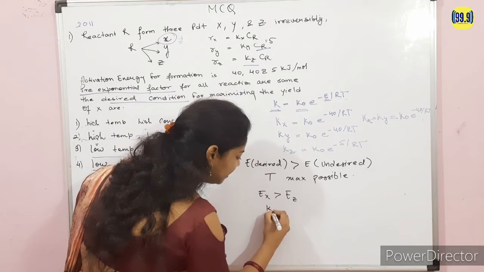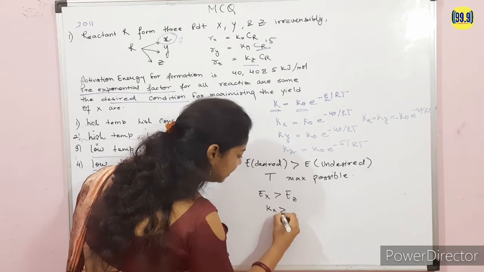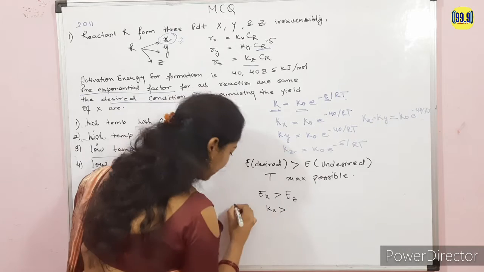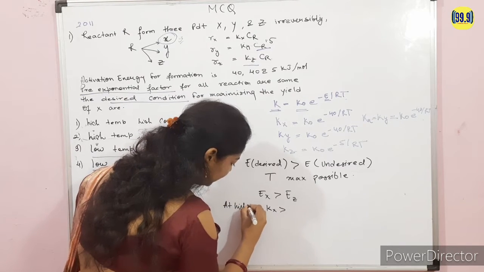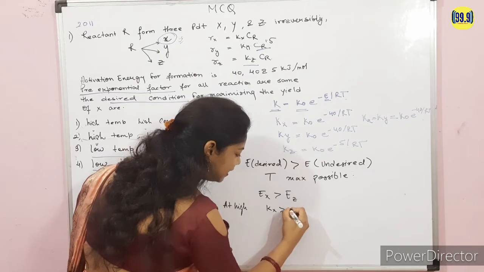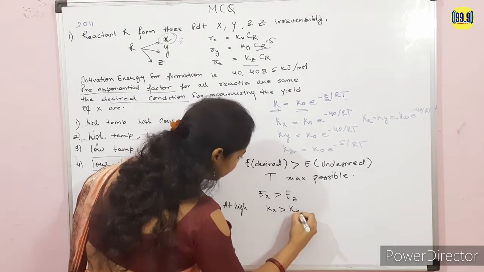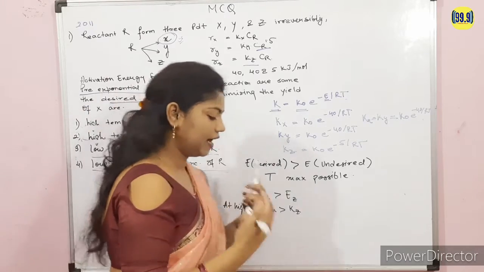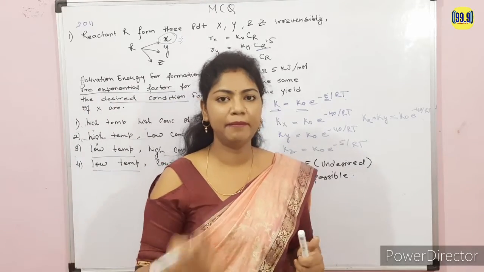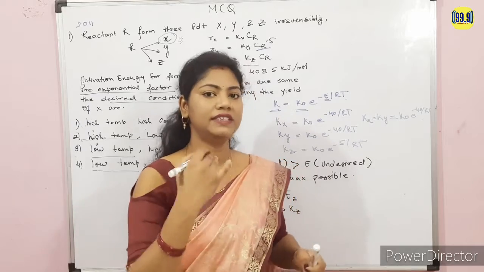It means at high temperature, Kx is greater than Kz. I have mentioned in the lecture that when we increase the temperature, the K value always increases.